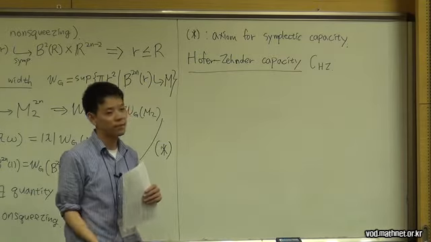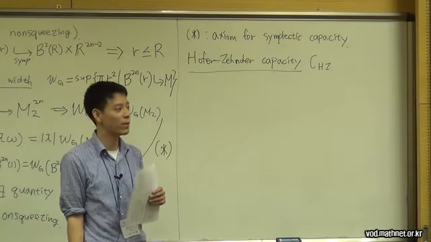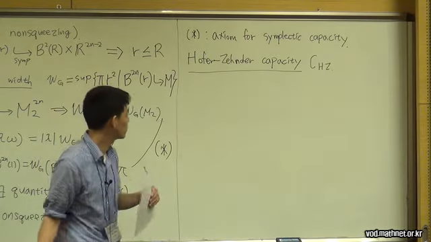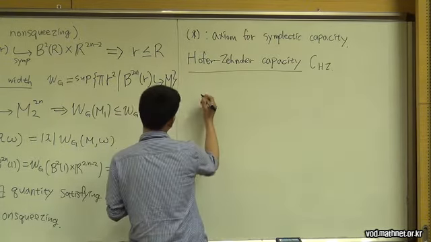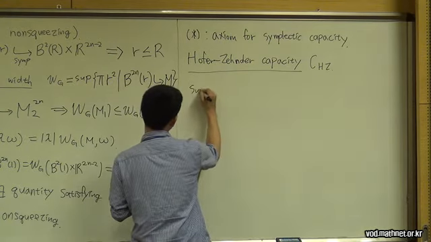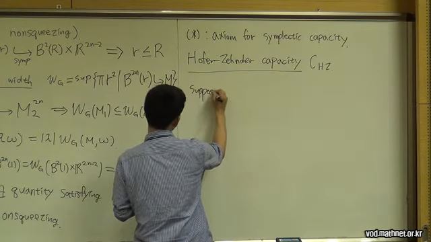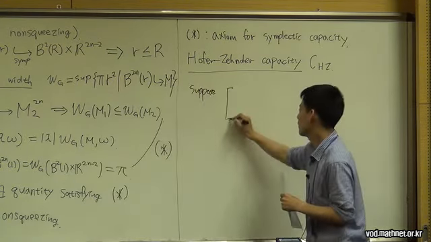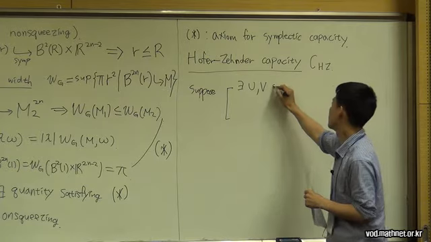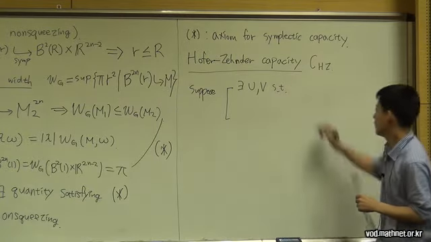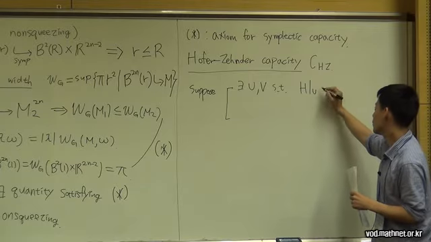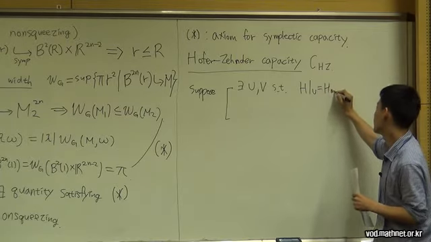This one is defined for a general symplectic manifold, but for simplicity, let's assume that the manifold is closed. Then suppose the following two things. The first one is that there are open sets U and V such that H, restricted to those open sets, takes its minimum and maximum.